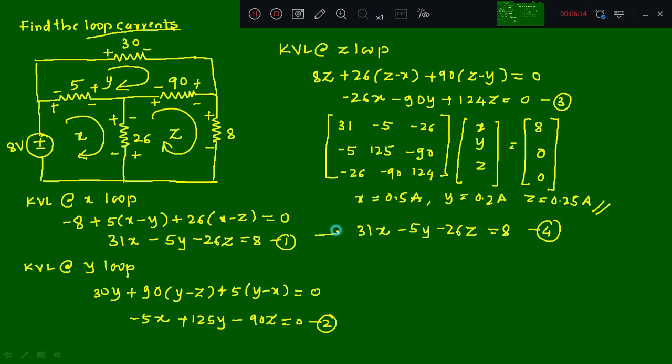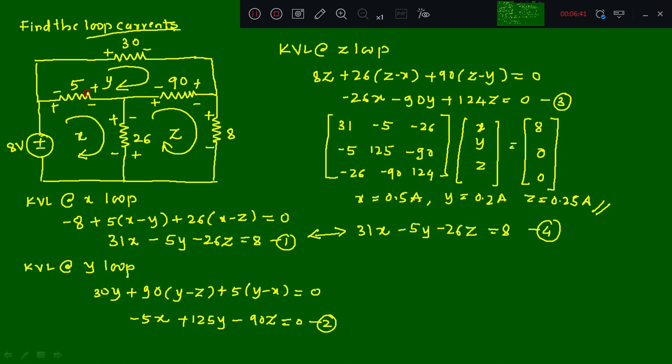Is this the same as equation number 1? Right? So you can save this much amount of time here. Okay, directly we are writing. I'll repeat again: this method holds good only if you take all the loop currents in the same direction, that is the clockwise direction. So apply the KVL to this second loop, directly you can write. How many terms are purely related to Y here? It's 90 and 30 and 5.